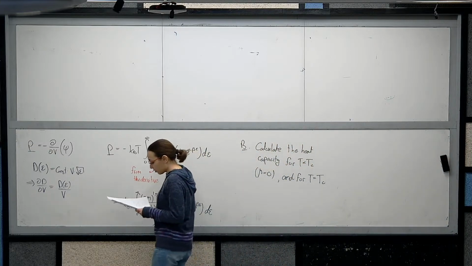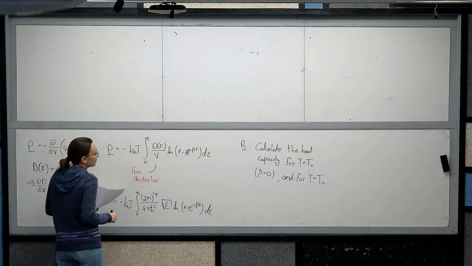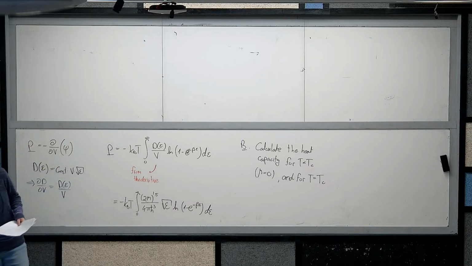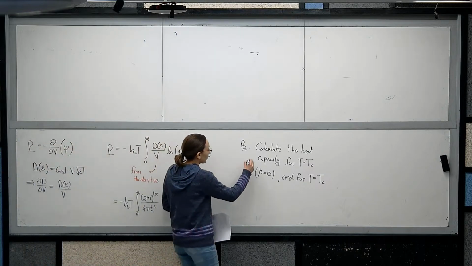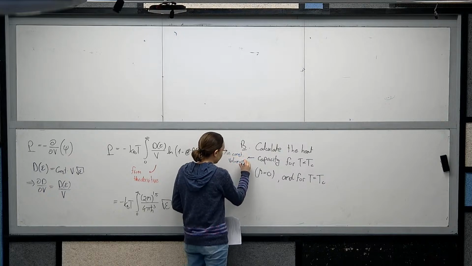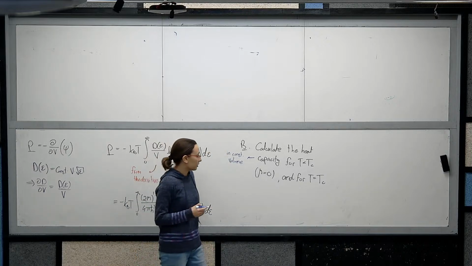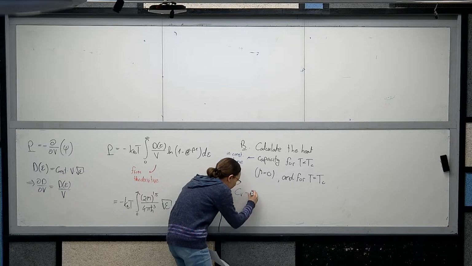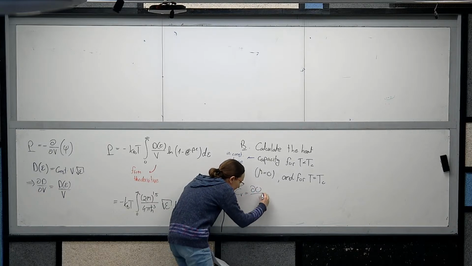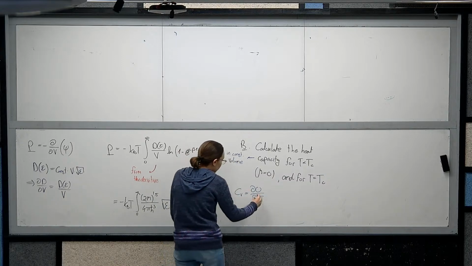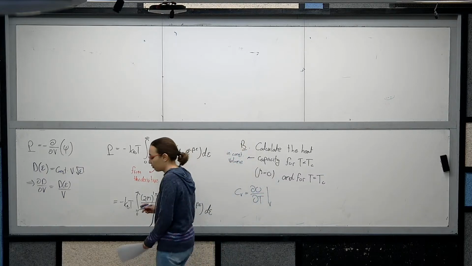Okay, so in order to find the heat capacity, we want the heat capacity in constant volume. So what is the heat capacity in constant volume? We can calculate it by deriving the internal energy relative to the temperature with a constant volume.